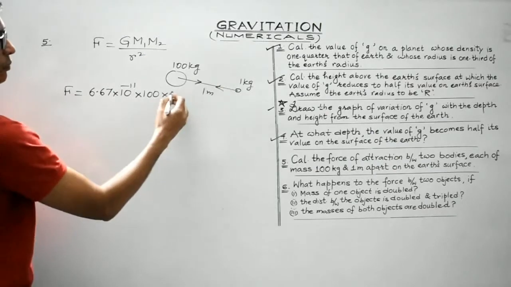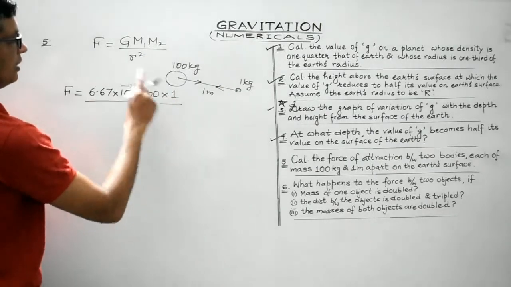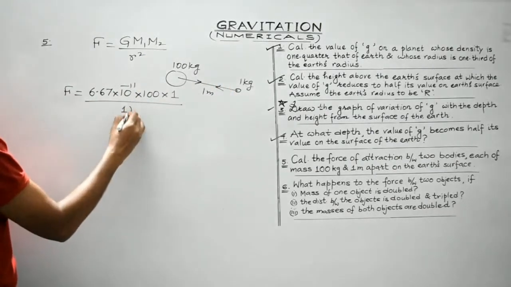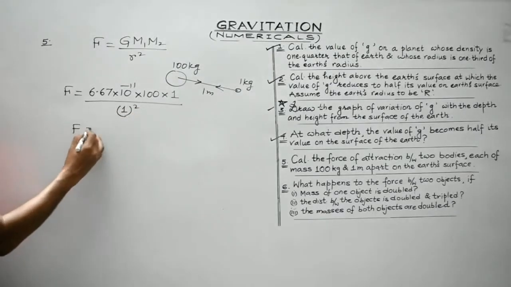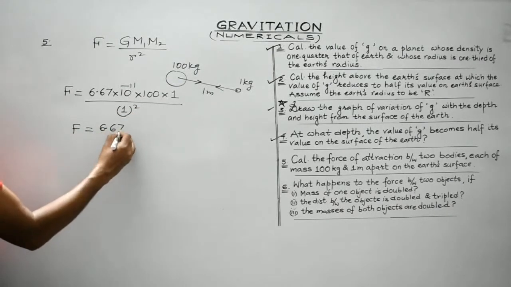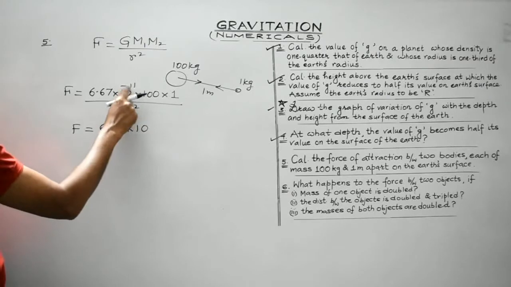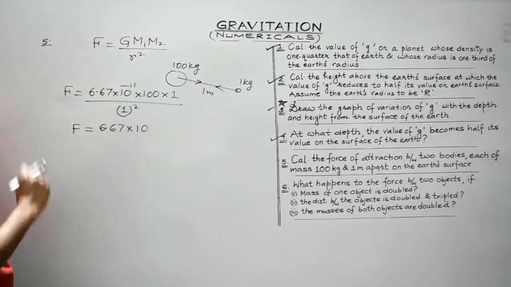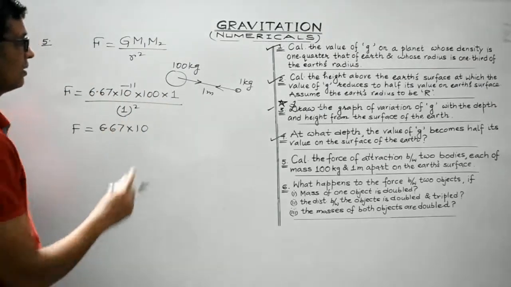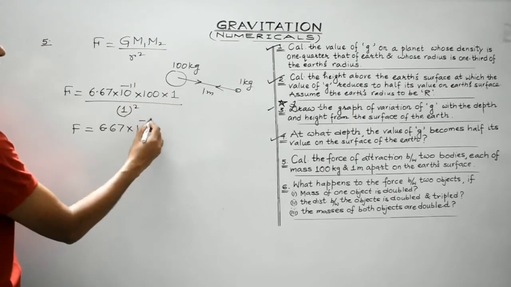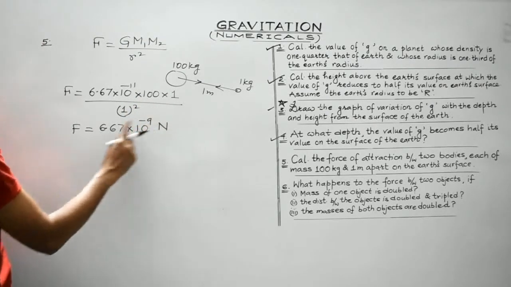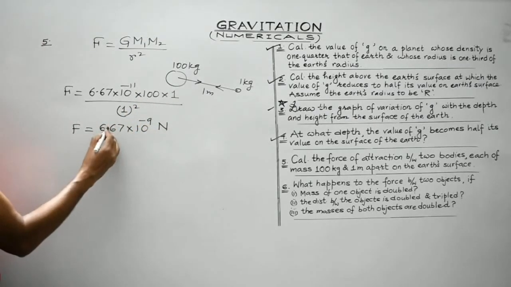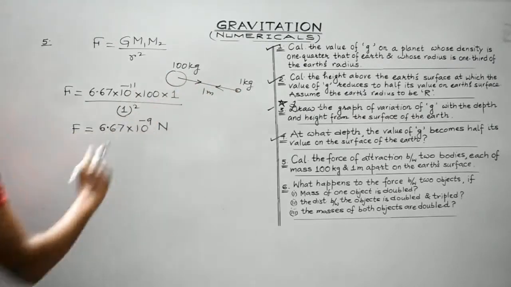The mass of the other object is 1 kg. And the distance between them is 1 meter. So 1 square. So what you get is 6.67 into 10 raised to 2 and 10 raised to minus 11. When the base is same, the exponents get added up. So minus 11 plus 2 is minus 9. This is in Newton. So this is the force experienced by these two bodies.